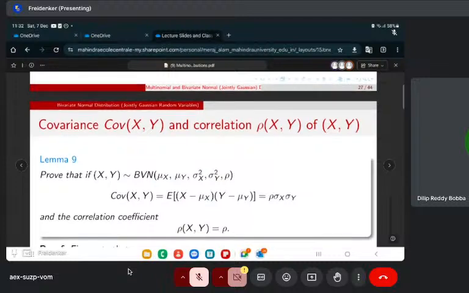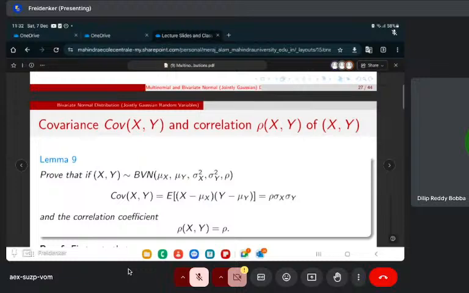In the slides, it's like this because initially we did not consider mu x to be the mean of x, and we did not consider anything. We just considered them to be constants, and slowly we are proving that mu x is indeed the mean of x, sigma square x is indeed the variance of x, and rho is indeed the correlation coefficient of x and y.